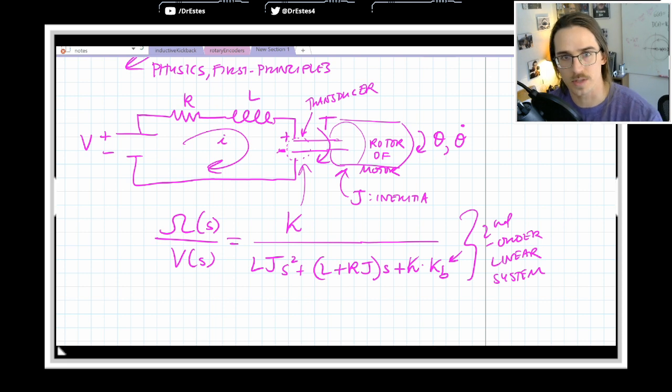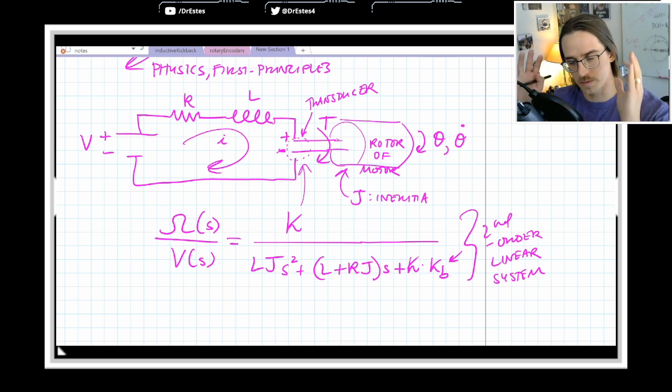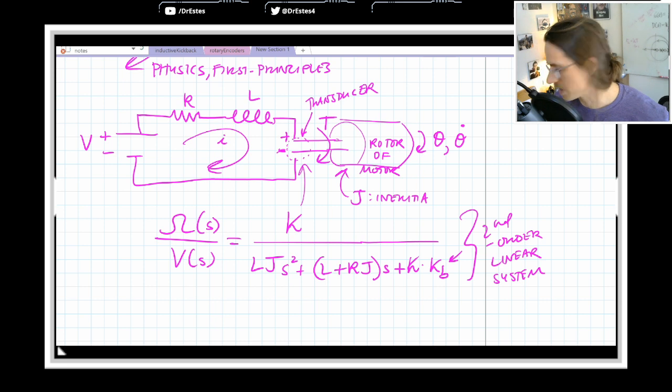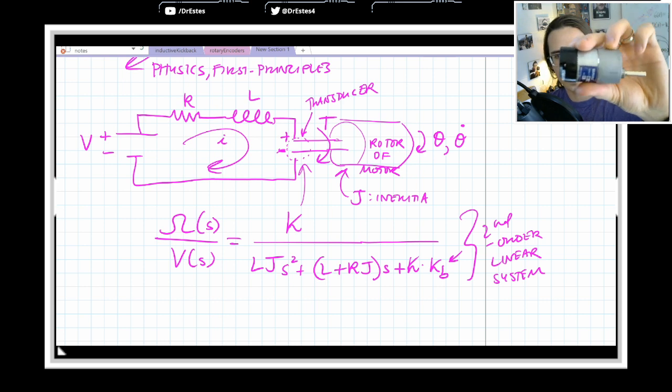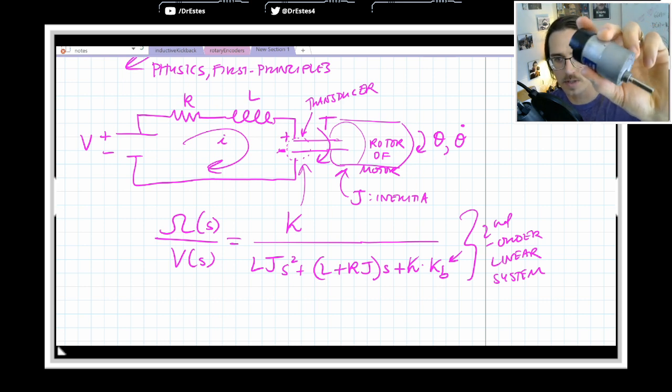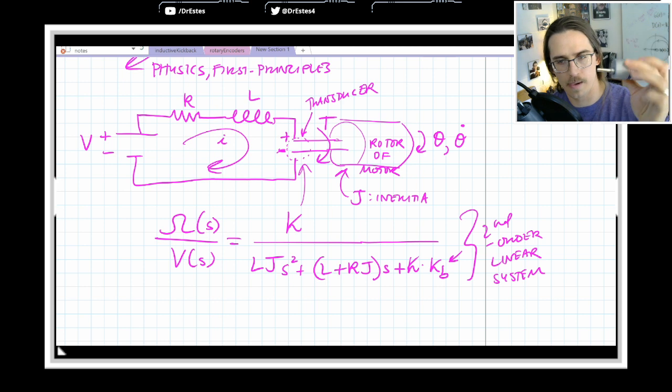But I want to point out some weaknesses. Let's say that I want this model to describe a real life motor, like one I have sitting on my desk. Maybe this one right here. If I want to use this differential equation, the step response of this system in the theta component is unbounded, but not in theta dot.